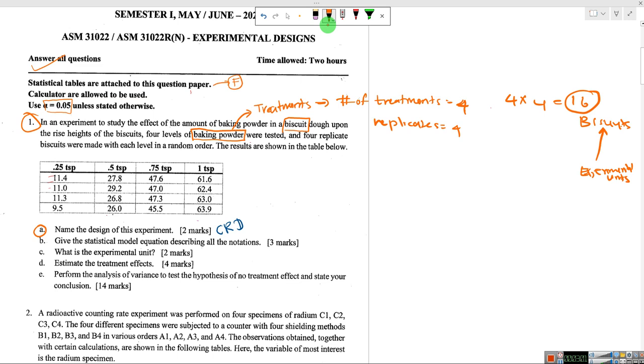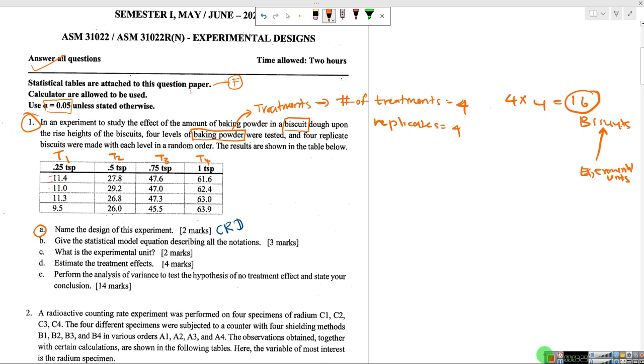Now, give the statistical model. Four replicate biscuits were made with each level in random order, and the results are shown in the table below. Here we have 0.25 tsp, 0.5 tsp, 0.75 tsp and 1 tsp. So this is treatment 1, treatment 2, treatment 3 and treatment 4.